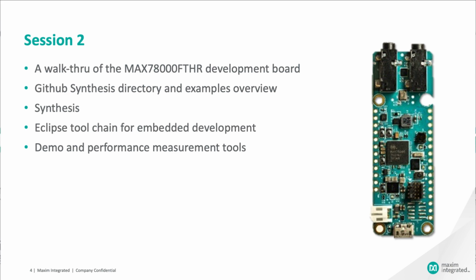Once we've done that step, we'll go into the traditional embedded development tools, the Eclipse toolchain, and we'll show getting those examples, that keyword spotter, up and running. And we'll also talk a little bit about performance measurement, measuring energy and measuring latency, which are really key aspects that the MAX78000 is trying to address for the AI market. And with that, we'll start with a walkthrough of the Feather board from Sean.